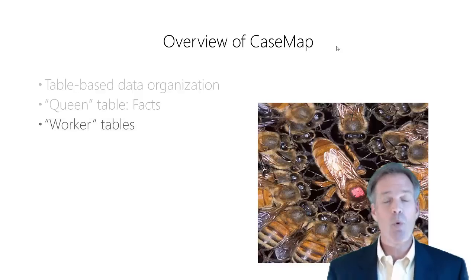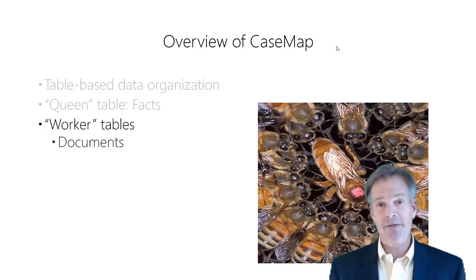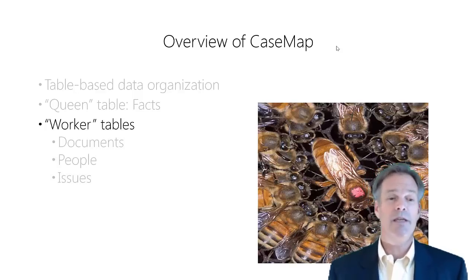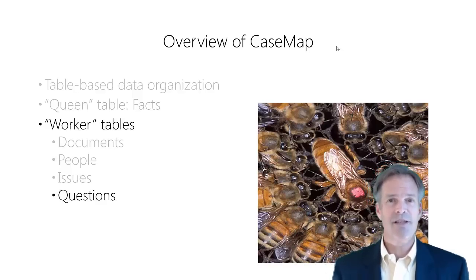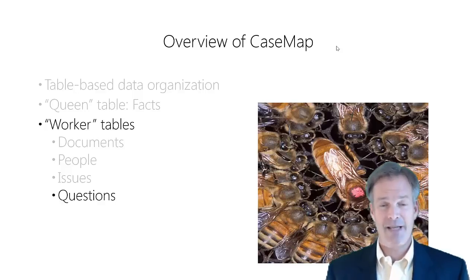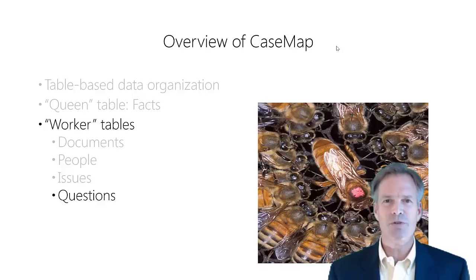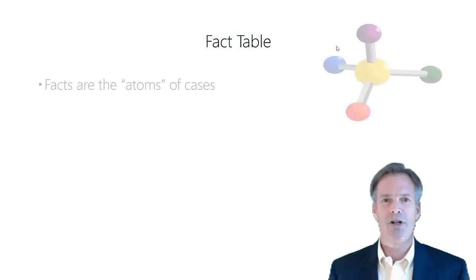The worker tables are all of the rest of the tables that service the fact table. And these are the document table, the persons table, the issues table, and finally the questions table. Now, we'll deal with each of those in turn, but first let's talk about the fact table, the queen of all of these tables, because it really shows you what CaseMap is all about.